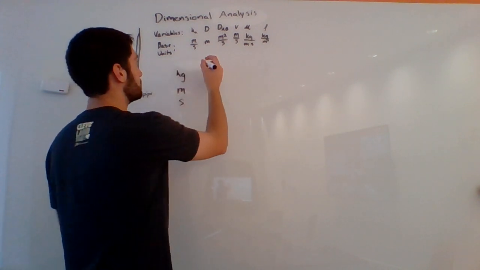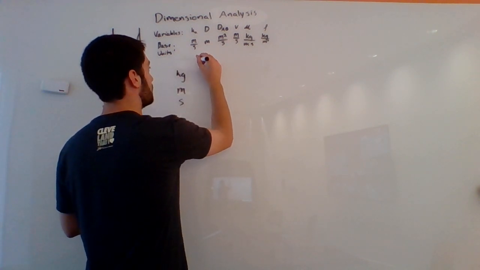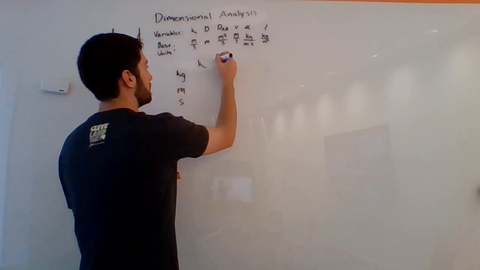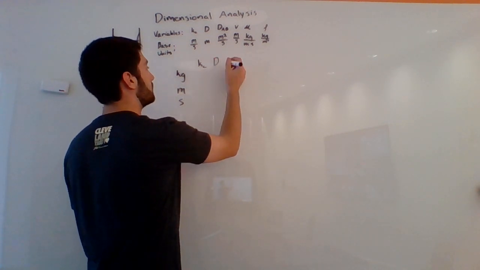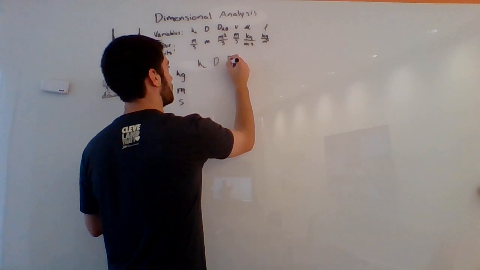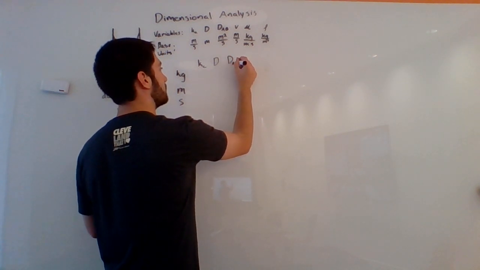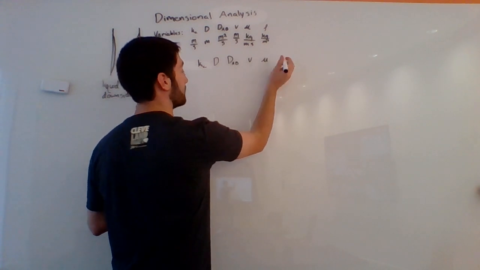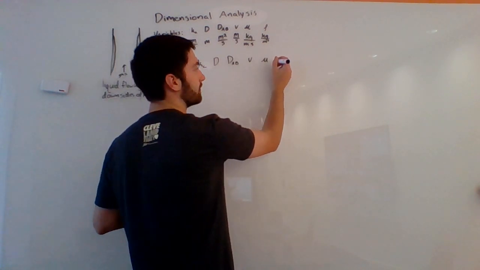And then for the columns, I'll do the mass transfer coefficient, the pipe diameter, the mass diffusivity, the velocity of the fluid, the viscosity of the fluid, and the fluid density.